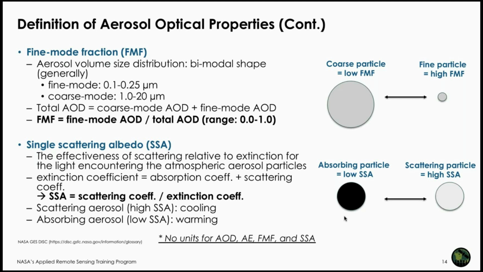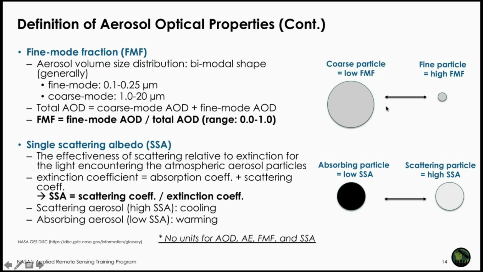The next definition is the fine mode fraction, FMF. This fine mode fraction is based on the aerosol volume size distribution. Generally, aerosols have a bimodal shape, with fine mode particles and coarse mode particles. The fine mode fraction means the fine mode AOD divided by the total AOD, so its range is 0 to 1.